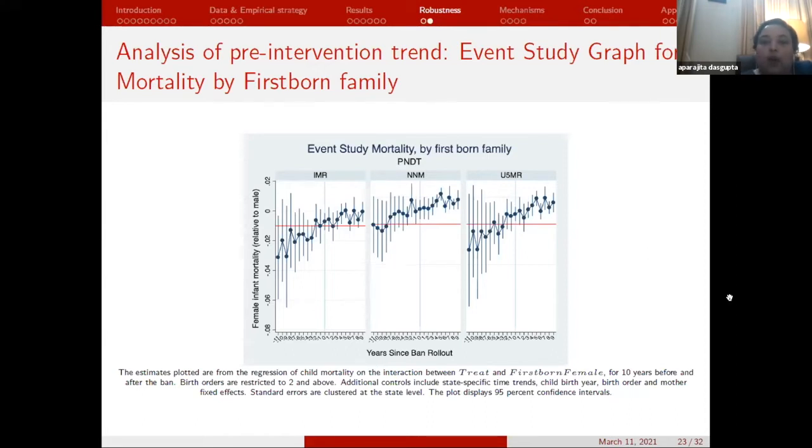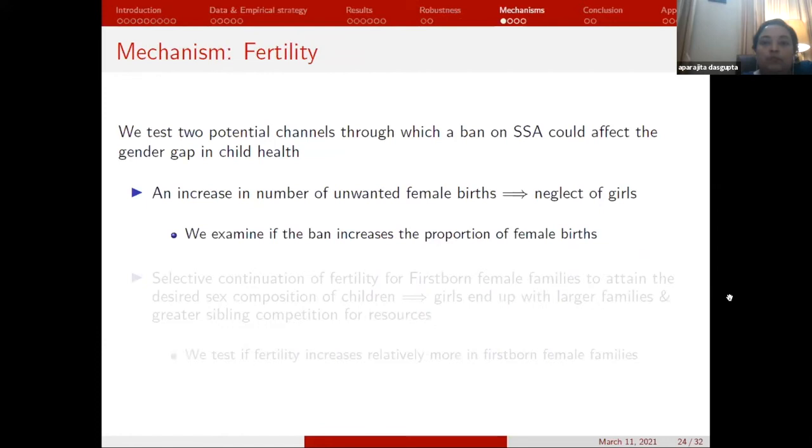Okay, so in terms of exploring the mechanism, we test the two potential channels where the ban on sex selective abortion could affect the gender gap in child health. So the first hypothesis is that the increase in the number of unwanted female births.